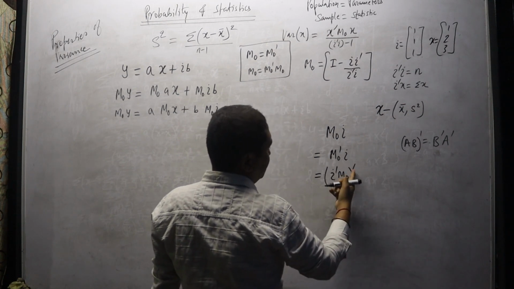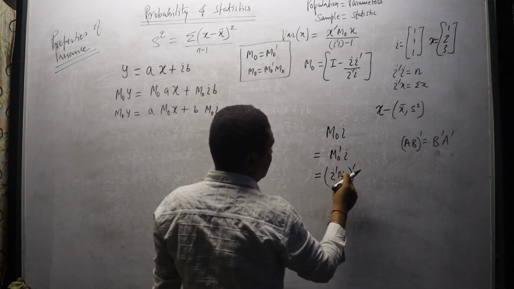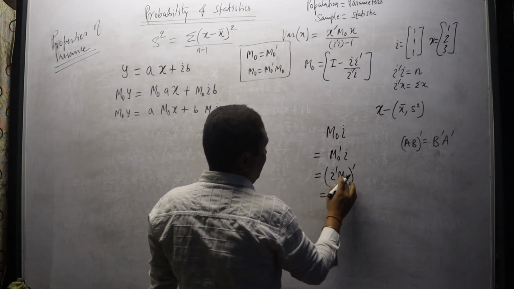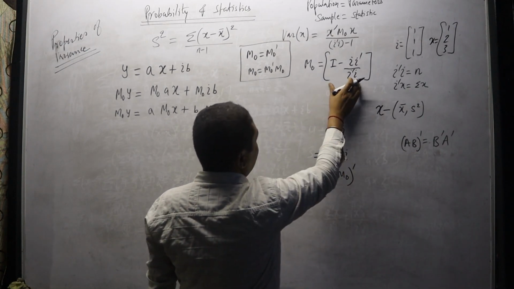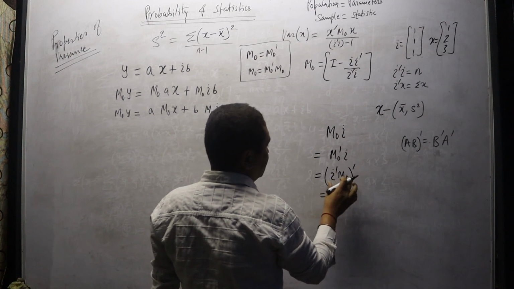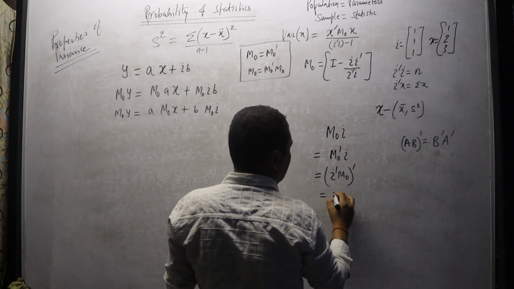Operating on this relationship, we get m0 transpose and then i transpose. And as m0 gives the deviation from the mean, if we add up the deviations we have seen that the sum of deviations from the mean is equal to 0.